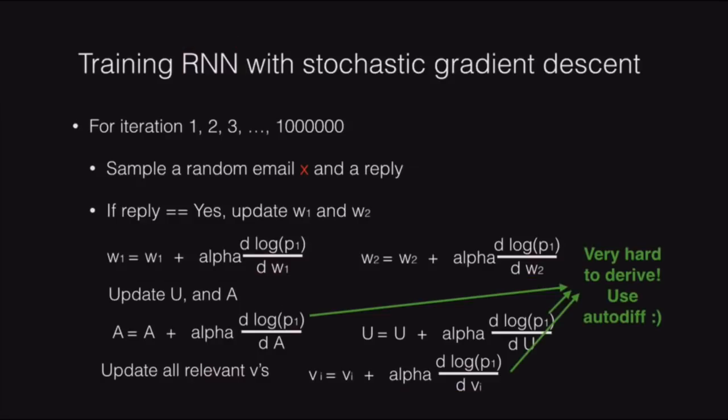But there are a lot of toolkits out there that you can use. You can use auto differentiation in TensorFlow, or you can call Torch, or you can call Theano to actually compute the derivatives. And once you have the derivatives, you can just make the updates.